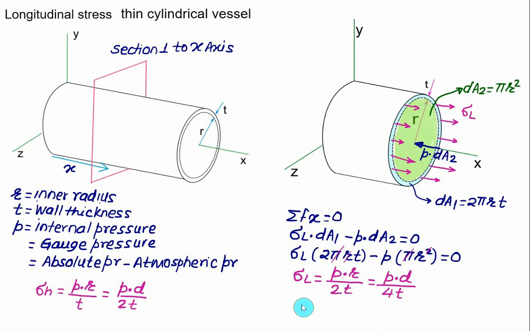So this value is also equal to half. In general, the longitudinal stress is always equal to the hoop stress divided by 2, or the hoop stress is always equal to 2 times the longitudinal stress. So hoop stress is always larger in the case of a thin cylindrical vessel. So design is based on the hoop stress and not on the longitudinal stress.